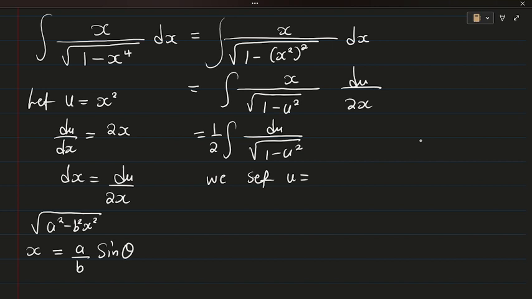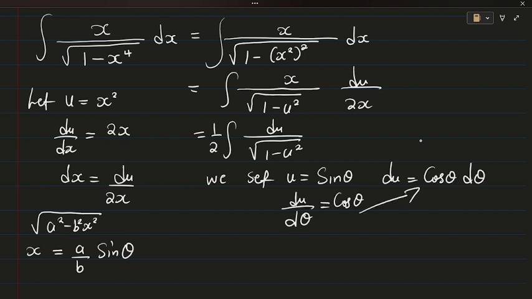So now let us go ahead and determine du. du is going to be cos theta d theta, because when we differentiate here, we get du over d theta, which is going to be cos theta. So if you make du the subject of the equation, that is what we are going to have there. Right now, let us come back and substitute everything.